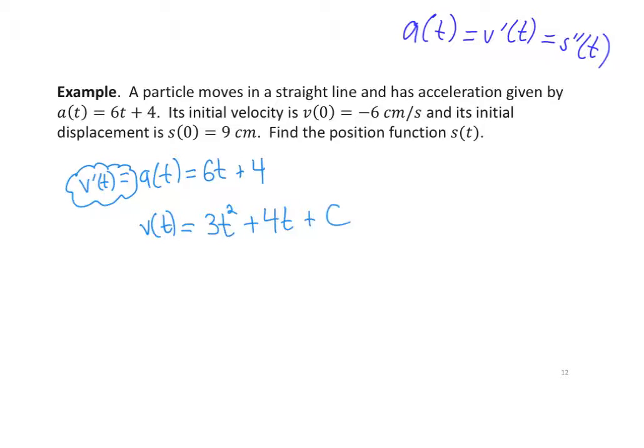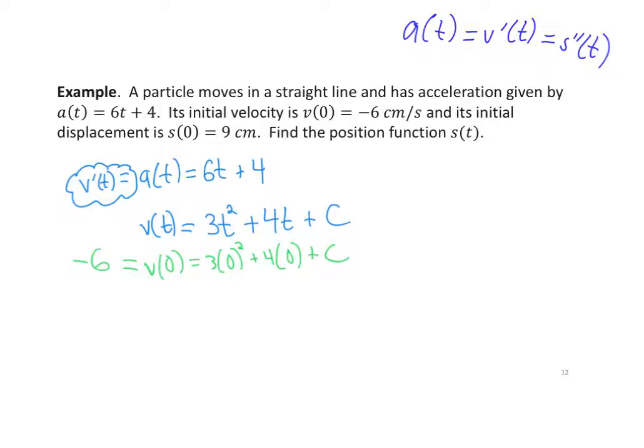And I'm going to just put a plus c because every time we take an antiderivative, at first at least, we have to put a plus c, unless we have some reason not to. It says initial velocity v of 0 is negative 6 centimeters per second. So I'll plug 0 in for t. And what I'll get when I combine the given information, again, where does this negative 6 come from?